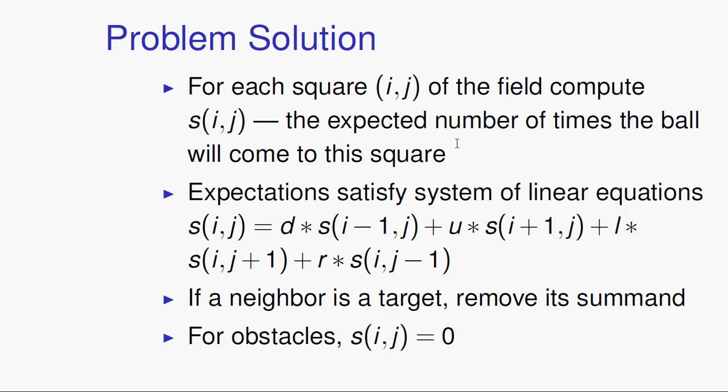Another corner case is that if a square has an obstacle in it, then the ball cannot get in it, and so the expectation will be equal to 0. So the system of equations will look mostly like the equation on the slide, but in some of the equations some of the summands will be absent, and also some of the equations will be absent themselves. Those are the equations for the cells which contain obstacles.